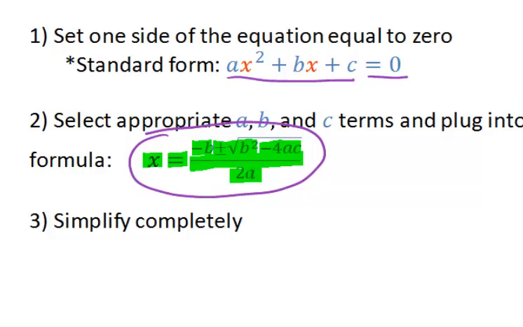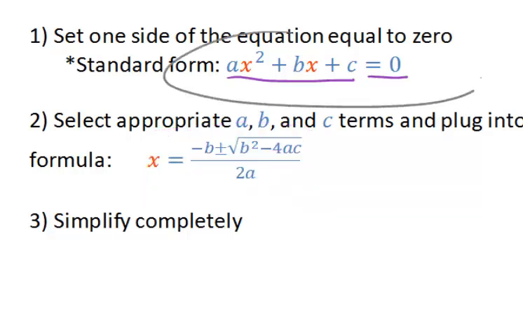Now, where do these letters come from? What do the x and the b and the a and the c and all of those letters come from? Well, they come from your equation up here. Anytime we see the a, which is in front of the x squared, we plug it in for the a places. Anytime we see the b, which is in front of our single x term, we plug it in for our b places.